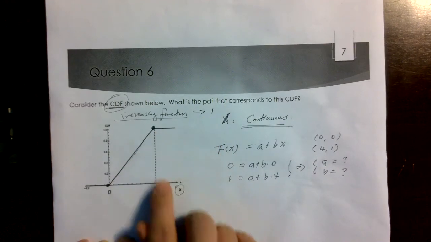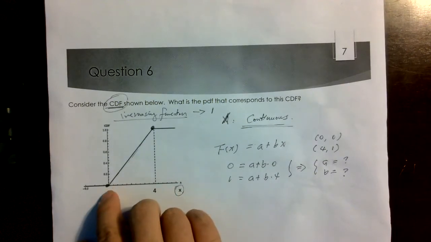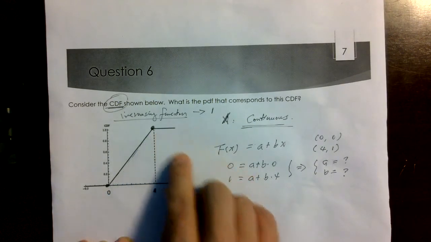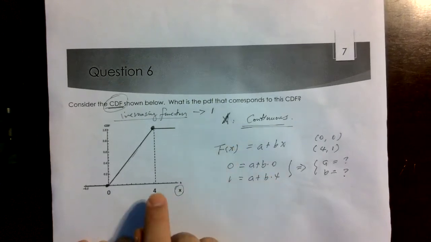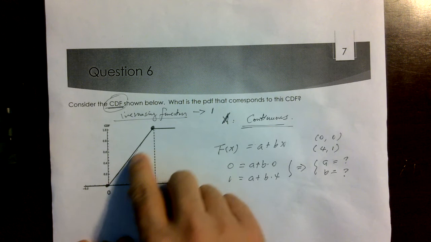From this graph, we can see that this function is a continuous function, so this random variable is a continuous random variable. All right, so how do we find this function?